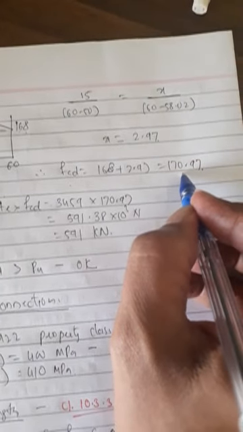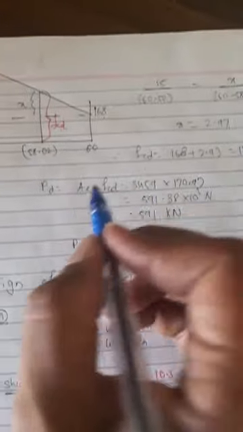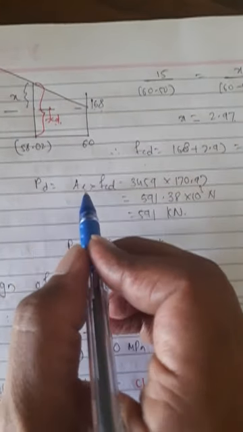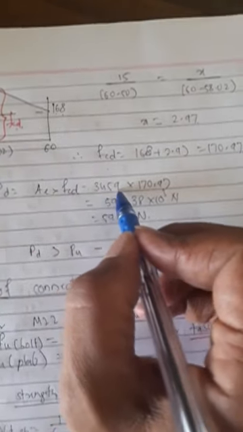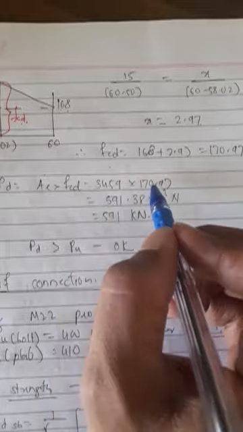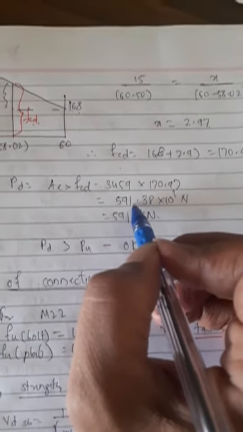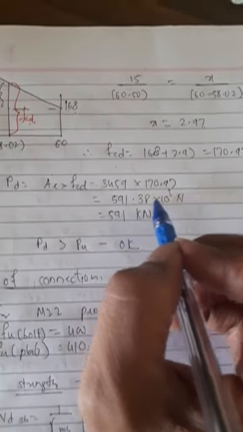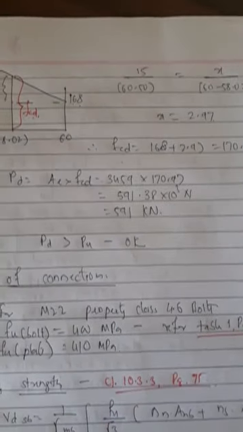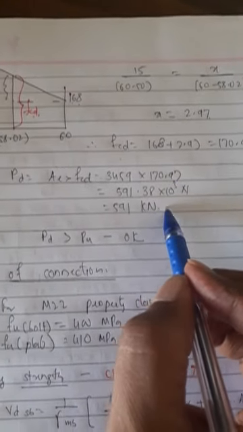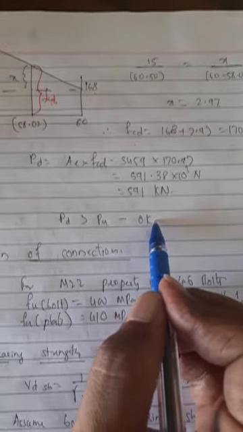I get 170.97. Now calculate load carrying capacity PD is equal to A into FCD. A is 3459 of the angle which I have chosen, times 170.97. I get 591.3 into 10 raised to 3 newtons or 591 kilonewtons. So PD is greater than PU, hence design is okay.